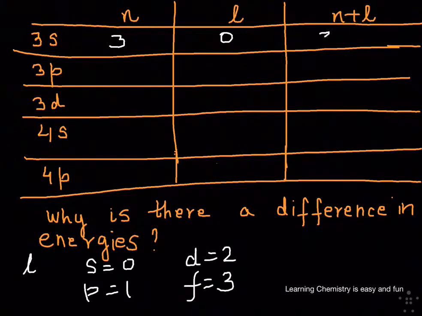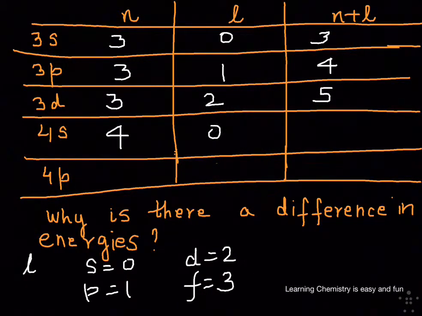So I have n plus L as 3. 3p: n is again 3, but L is 1. n plus L is 4. 3d: n is 3, L will be, yes, 2, which gives me a value of 5. 4s: n is 4, L is 0, n plus L is again 4, because this is 4s, which means the value of L is 0. 4p: n is 4, L is 1, which gives me a value of 5.